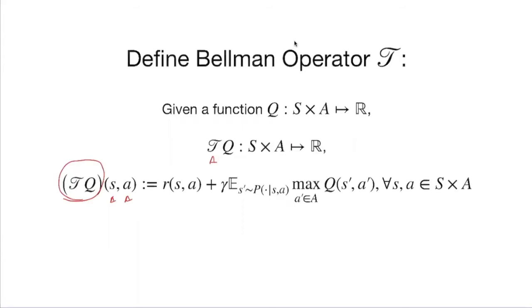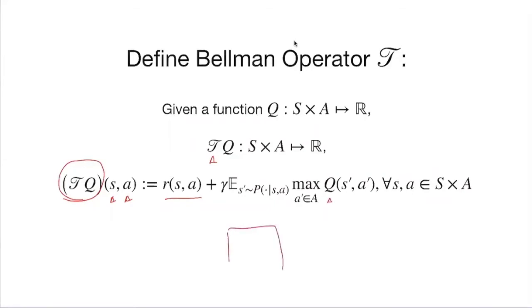This is defined to be the sum of the two usual quantities that we saw: a one-step immediate reward at that state and action, and the future outcome starting from the next time step, but here we are using the Q function.